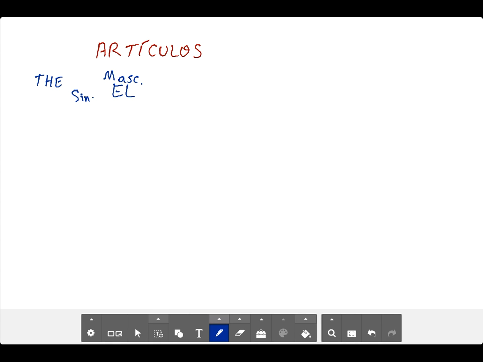If the noun is feminine and singular, the noun is preceded by la. Now remember that this means the. But of course, if the noun is plural, then the article the in Spanish is los. And if the noun is feminine plural, it will be las.